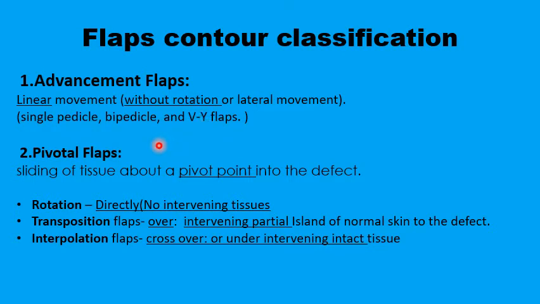But when the flaps are rotated around a pivotal point, they can either be simple rotation flaps, when the flap is directly rotated into the defect with no intervening tissues, or if the flaps are rotated into the defect over partial intervening tissues, they are called transposition flaps, like in Z flaps, for example, or if they are crossing over a bridge of intact tissues, they are called interpolated flaps.